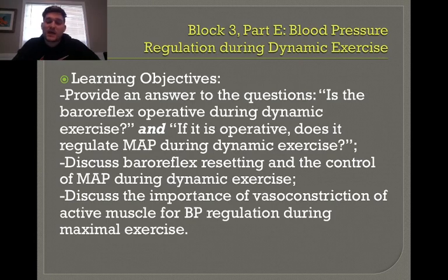And then we'll save a second video for the importance of actual vasoconstriction to the active skeletal muscle for blood pressure during maximal physical activity. And again, we'll save this for another video. I won't go deeply into detail, but just as in everything with exercise intensity, we do reach a threshold or a limit.